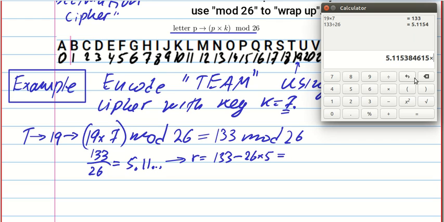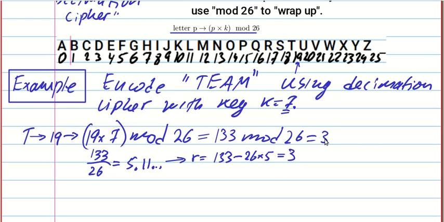So 133 minus 26 times 5 gives us the number 3. Since this is 3, we look up position 3 in the alphabet. That's going to be letter D. Again, our position starts at 0, because we don't want to end at 26, as it would be a little bit ambiguous since our mod is 26.